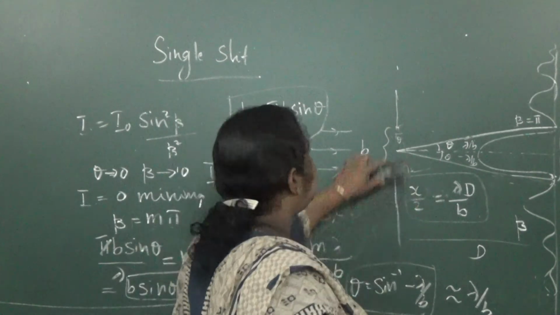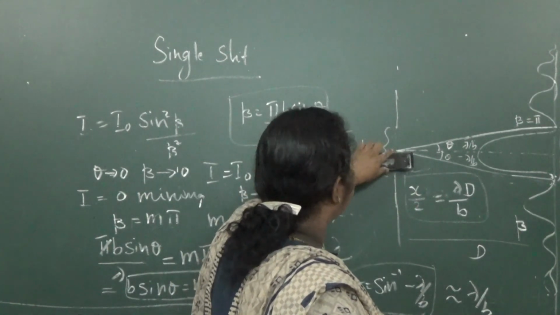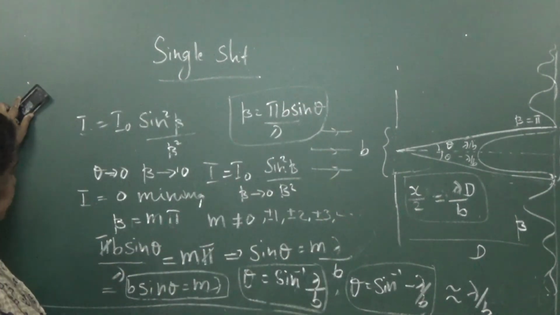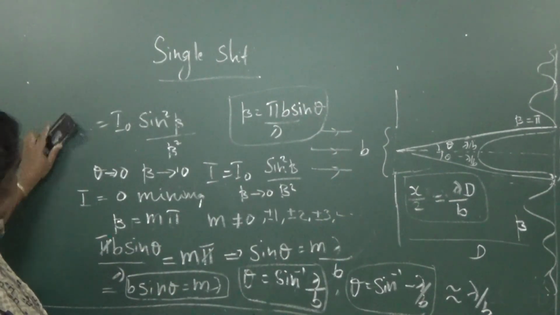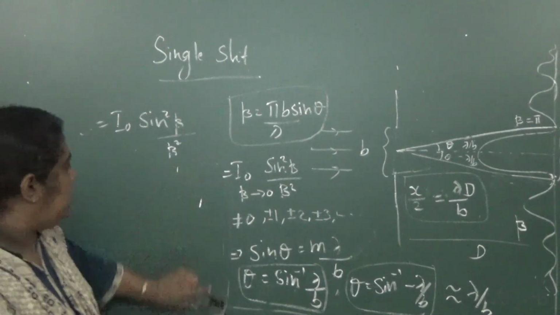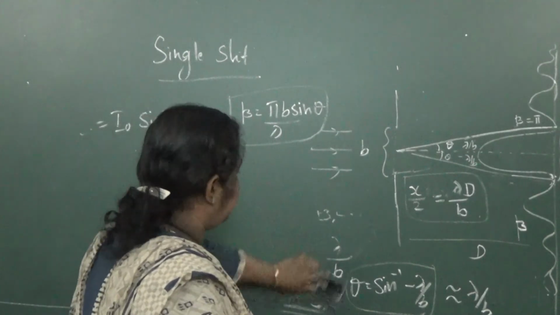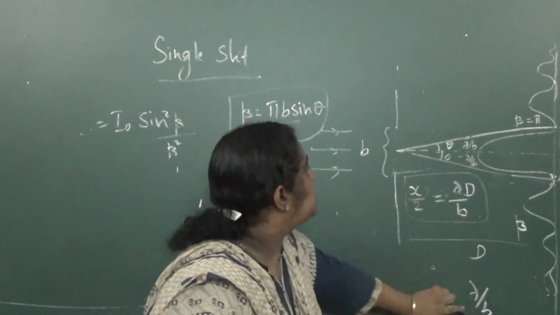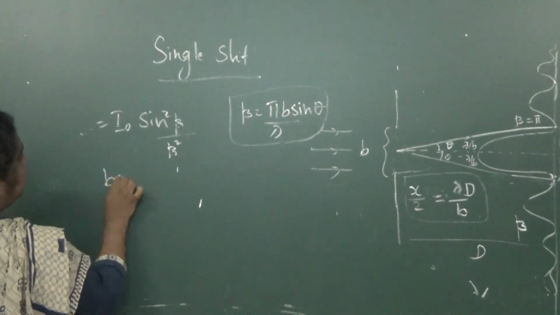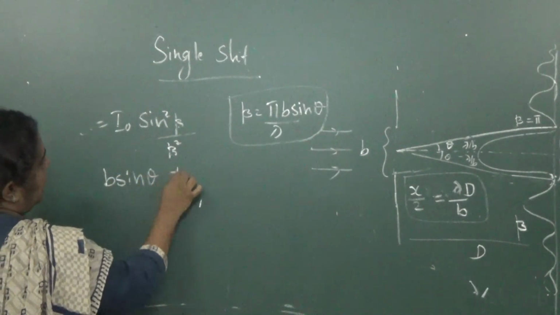So in interference, what was your condition for maxima? Our condition becomes d sin theta is equal to m lambda.